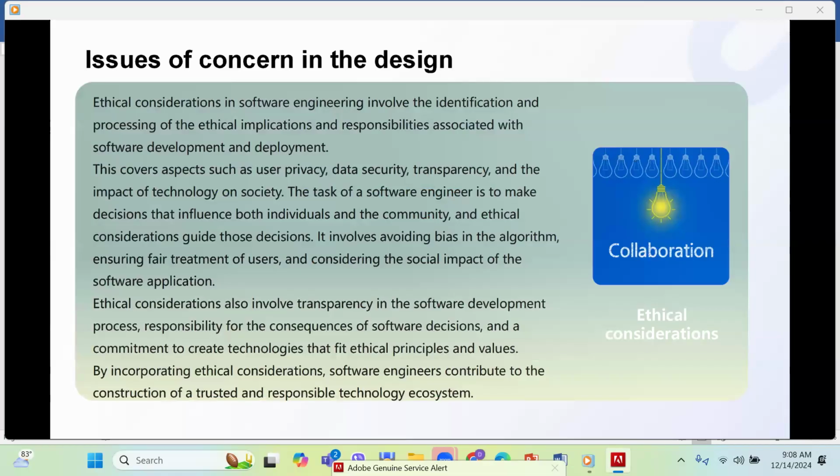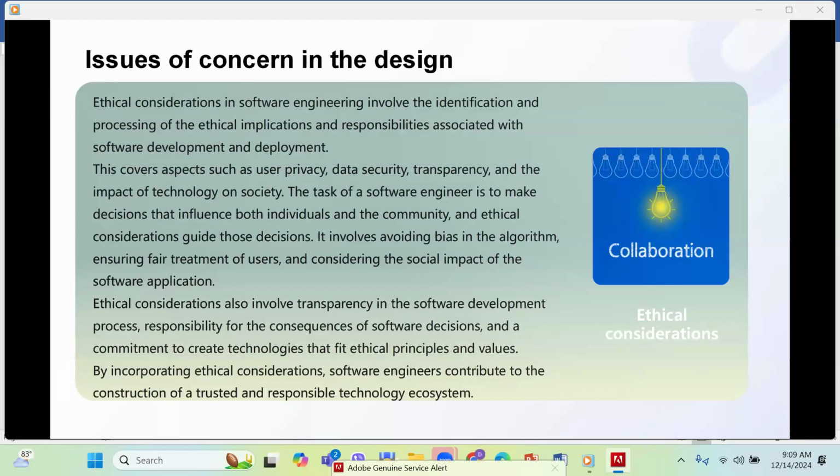It involves avoiding bias in the algorithm, ensuring fair treatment of users, and considering the social impact of the software application. Ethical considerations also involve transparency in the software development process, responsibility for the consequences of software decisions, and a commitment to create technologies that fit ethical principles and values.